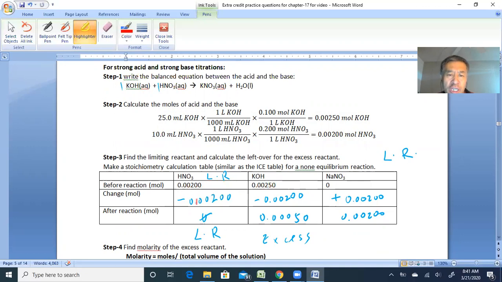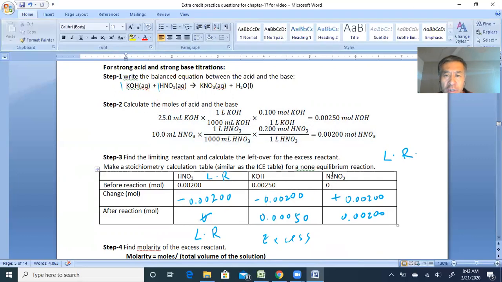So therefore, the change for the limiting reactant will be the negative of the initial moles. So therefore, the change for this is also the same number because they have a 1:1 ratio. So therefore, the product will increase.